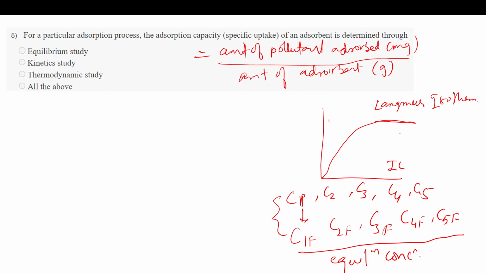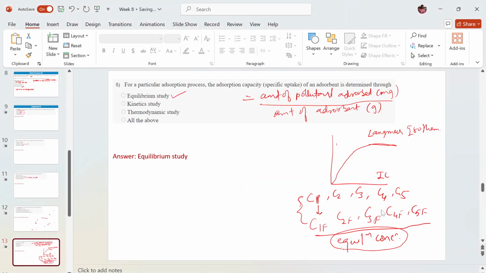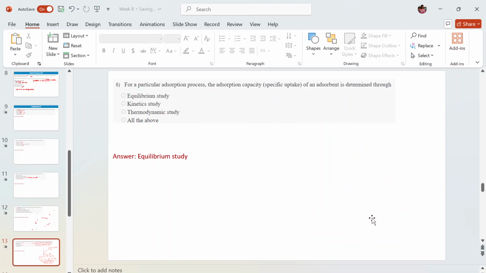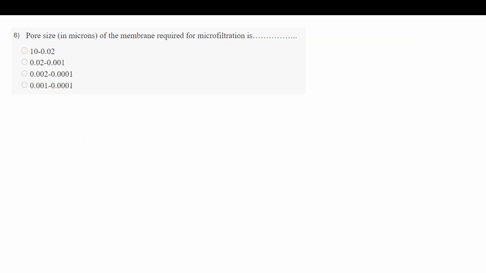This uptake capacity is a theoretical value, which is the maximum amount that can be removed. So you need to do experiments which are equilibrium in nature, so it is an equilibrium study. I guess it is clear to you. Okay, so for this, the correct answer is equilibrium study.